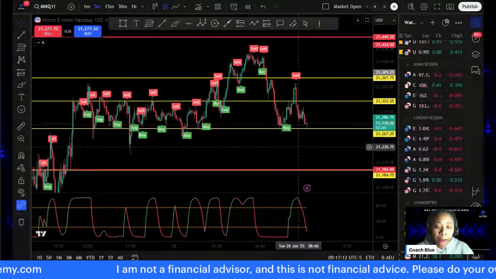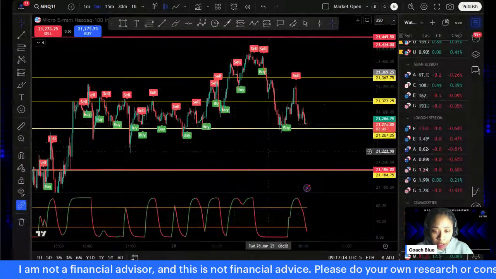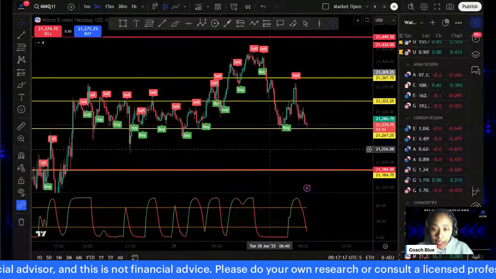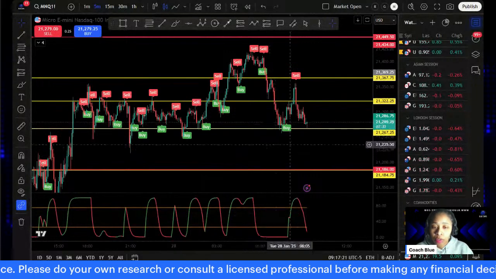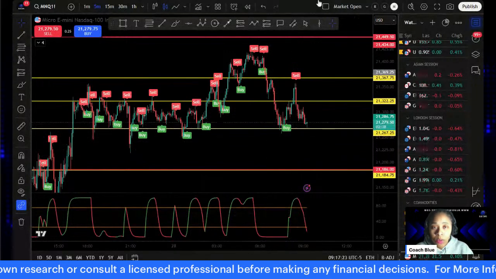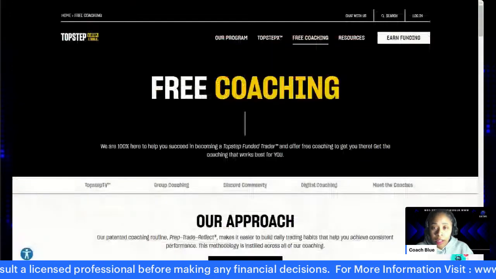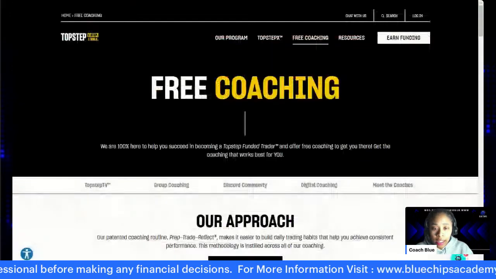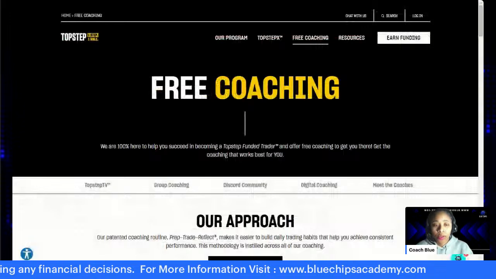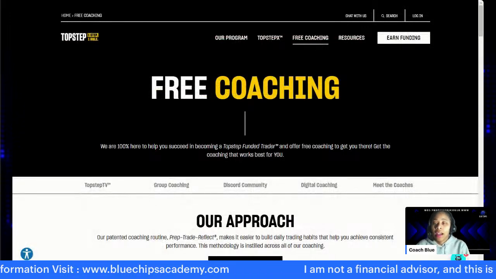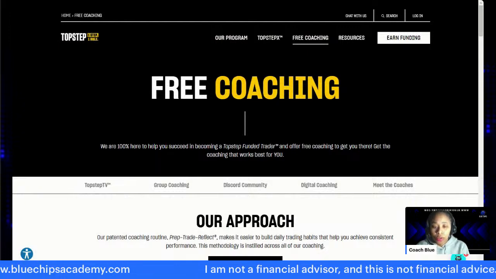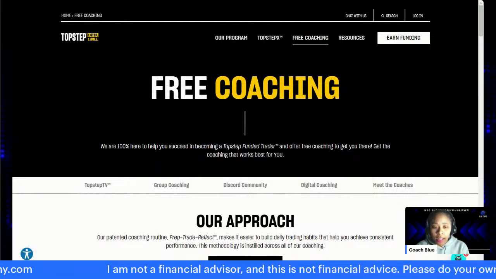So we talked about risk to reward, we talked about setups. Now let's talk about funding. Funding is one of the things that traders struggle with after they develop their skill set: having the amount of money needed to make a substantial amount of money from the markets.